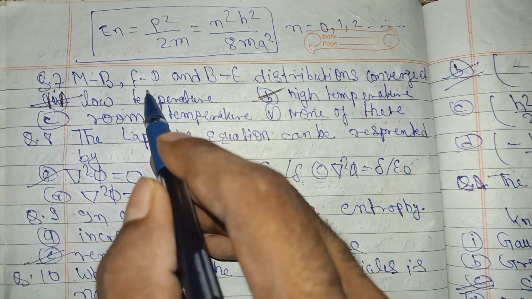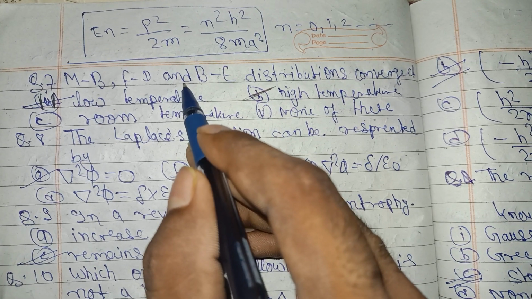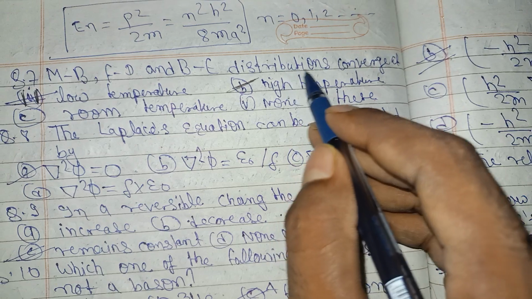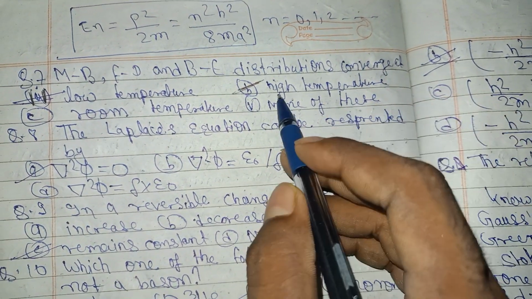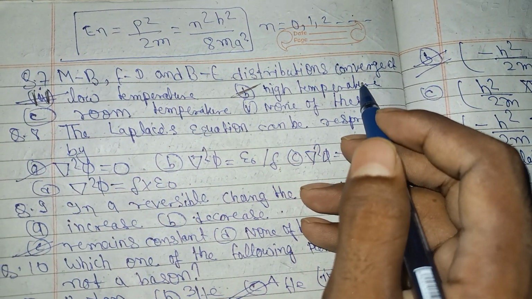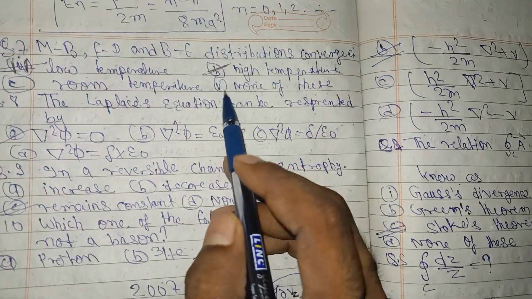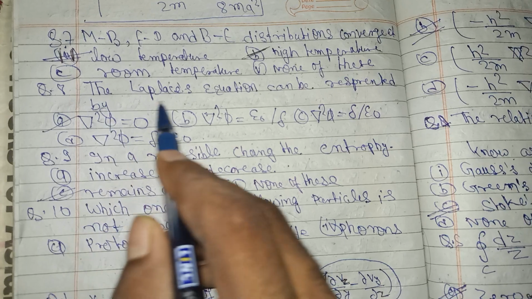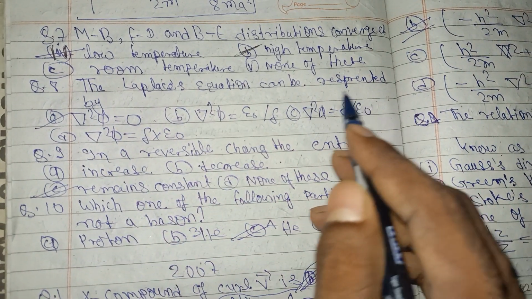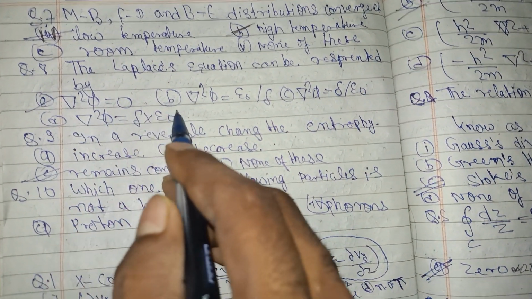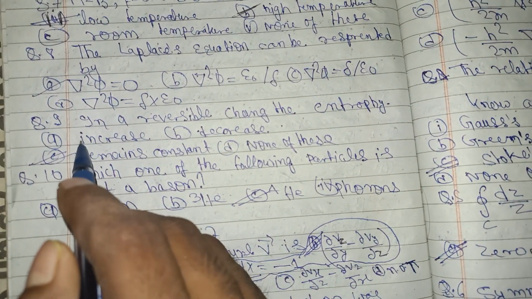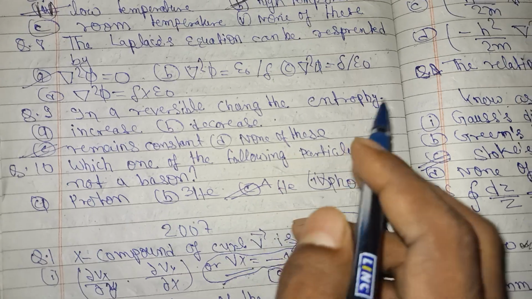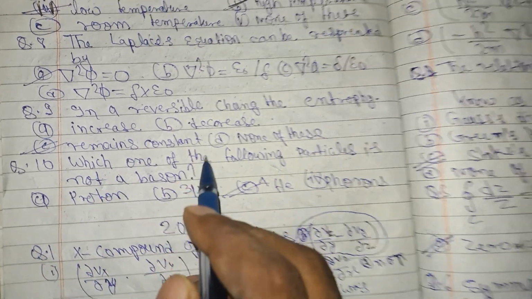MB statistics, Fermi-Dirac distribution, and Bose-Einstein distribution converge at high temperature. And the Laplace equation can be represented by del square phi is equal to 0.